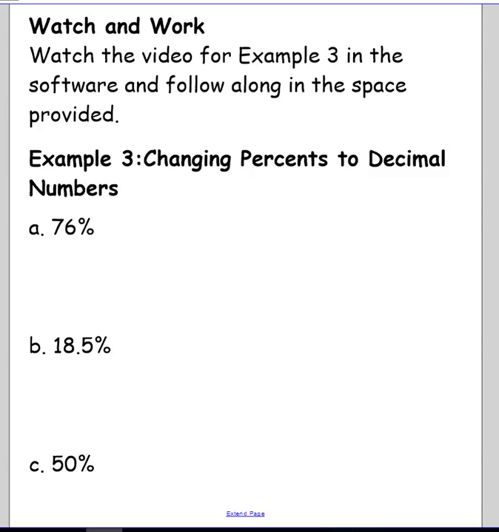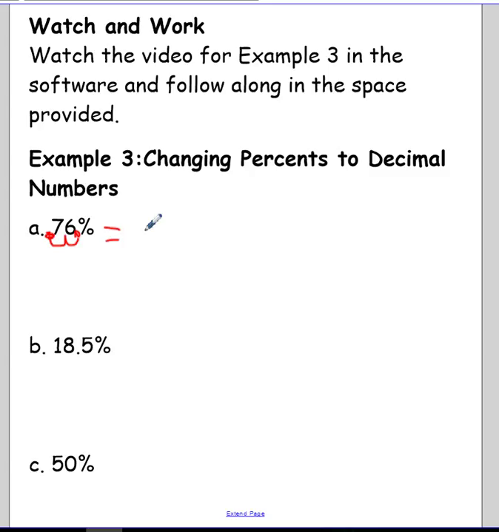So let's look at some examples of changing percents to decimals. With our first one, we have 76%. Again, we don't see a decimal point, so it's understood to be at the end here. And going from percent to decimal, we're going to the left. We divide by 100, which means you can just move the decimal 2 places, which puts it right here in front of the 7.